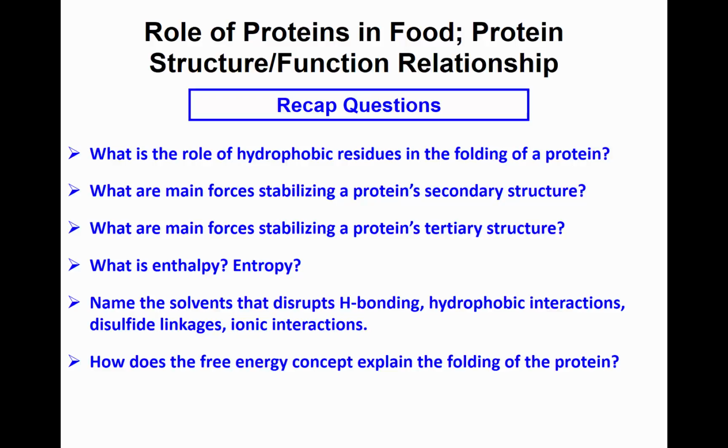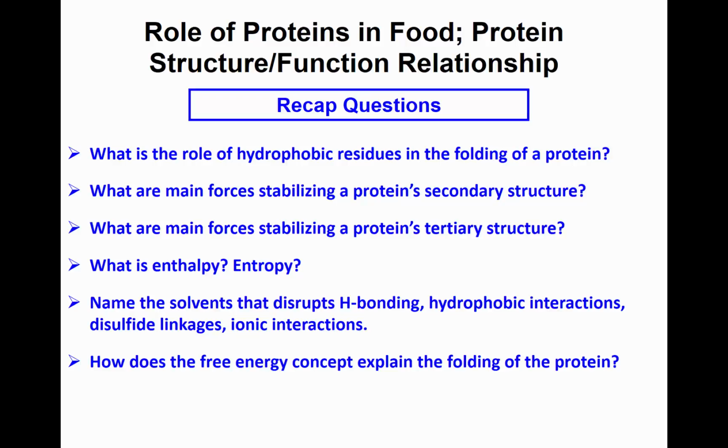If you change the pH to extremely acidic or extremely basic, then you unify the charges and you cause repulsion. Another solution that might cause breakage of ionic interaction is a high salt concentration solution. When you have a lot of charges from salt, the salt will shield other charges and thus prevent ionic interaction.